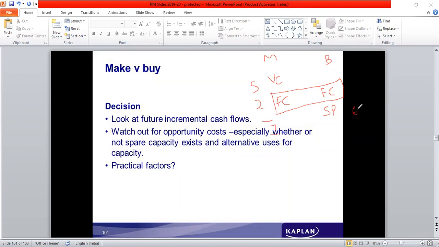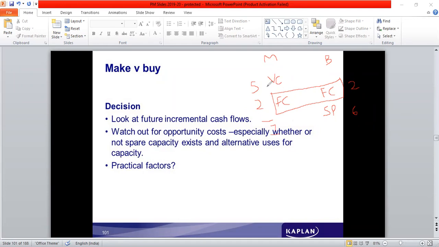Supplier is offering only 6, but the decision would be, see, 7 is the cost incurred for making, but out of that 2 is fixed cost. So 2 will continue to be incurred even when they are purchasing it from an outside supplier. So 2 cannot be avoided. So 2 is completely irrelevant. The decision is about 5 versus 6. So which one is better?